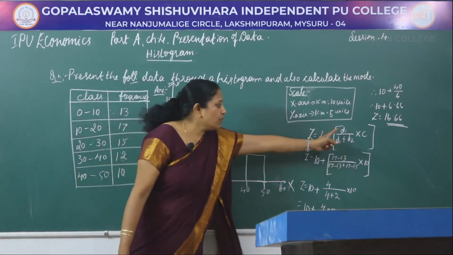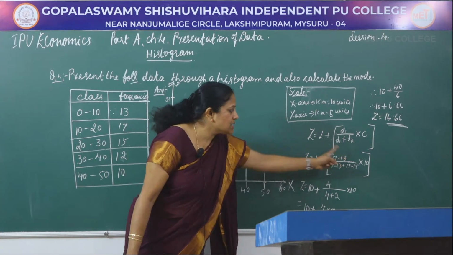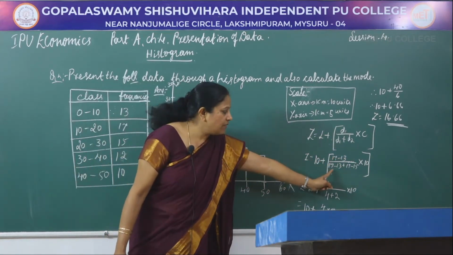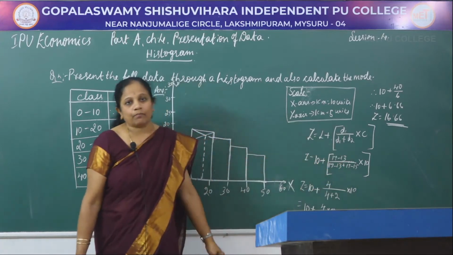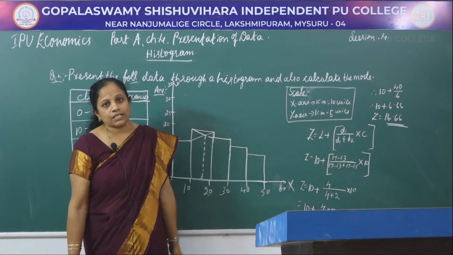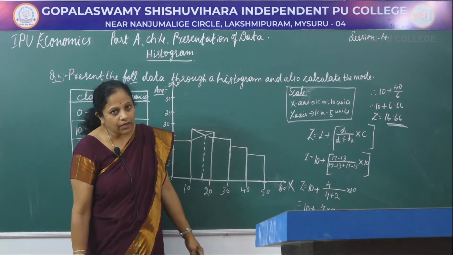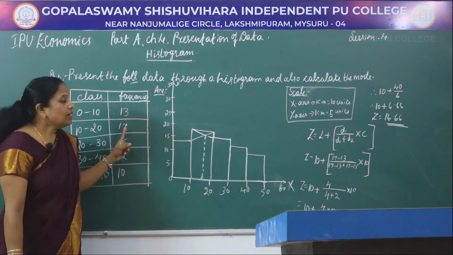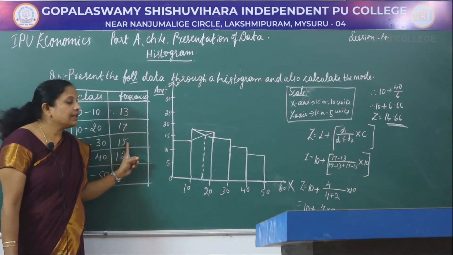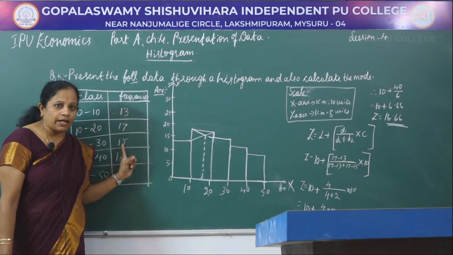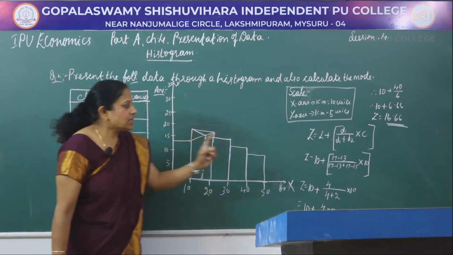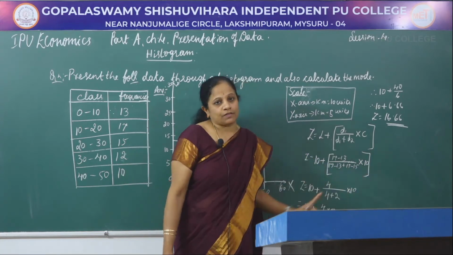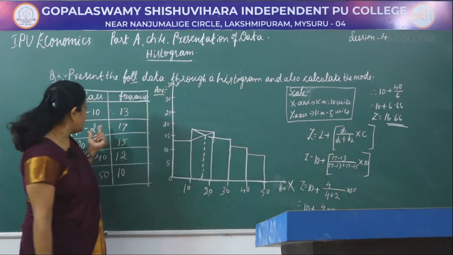So D1 is 17 minus 13, divided by D1 plus D2, where D2 is 17 minus the next value, that is 17 minus 15, and multiplied by the class width, that is the class interval.